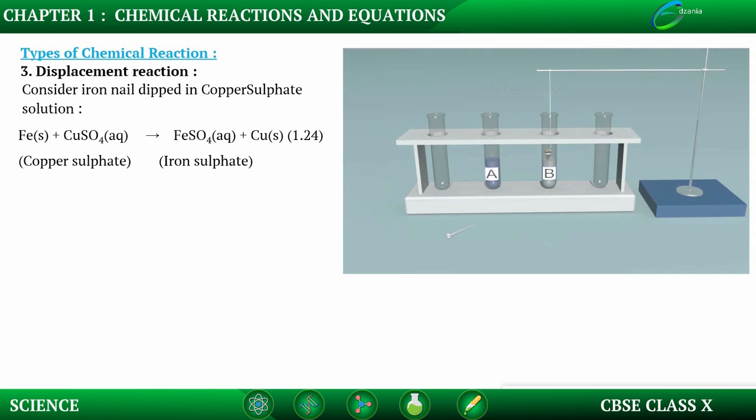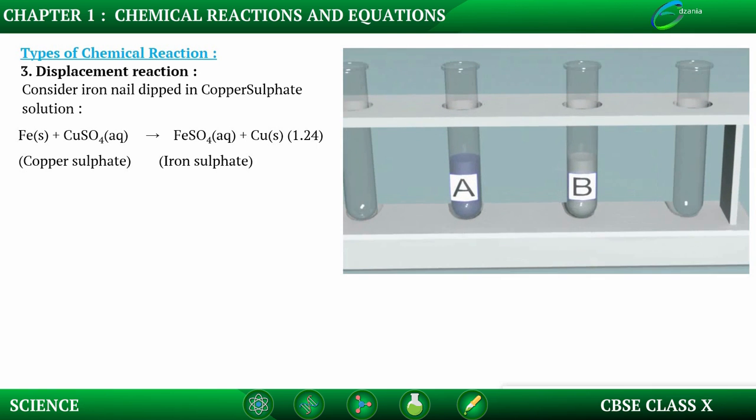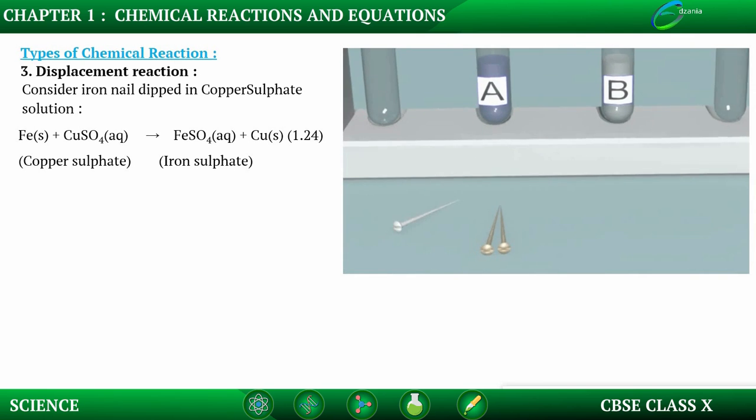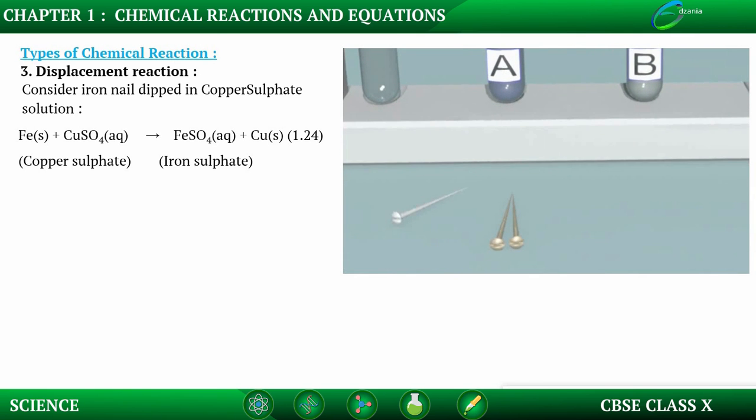Consider the copper sulfate solution after 20 minutes of the iron nail being dipped in test tube B. There is a color change. And then let us compare the nail which was dipped in copper sulfate solution and which was outside. Again we find there is a change in color.